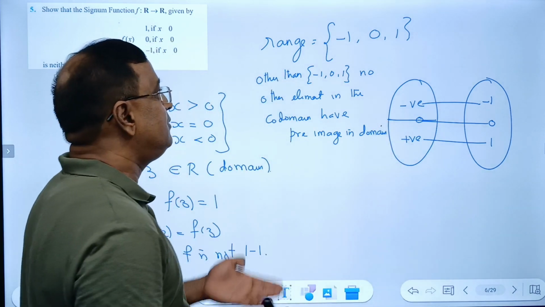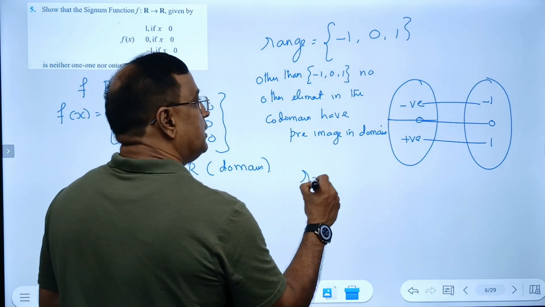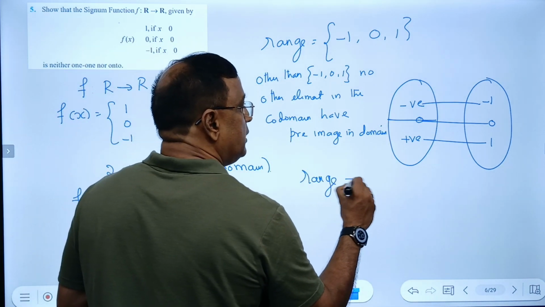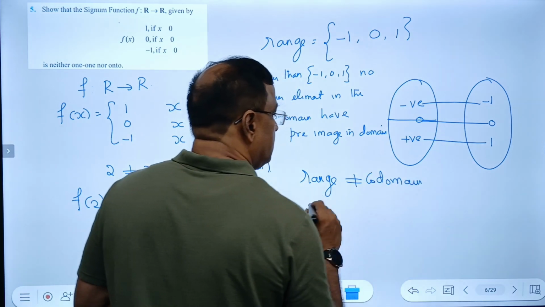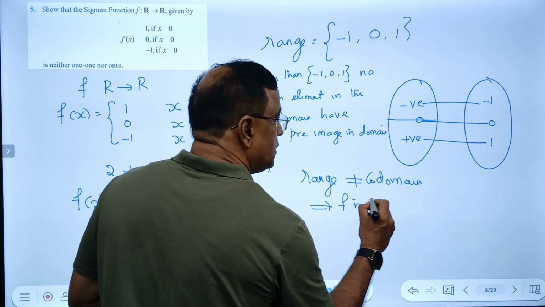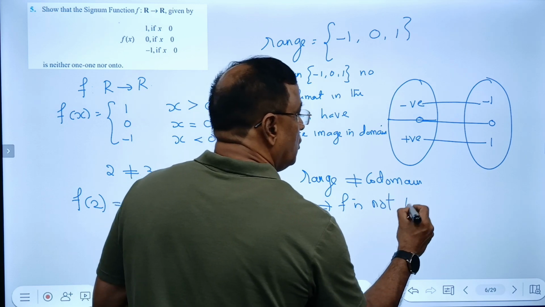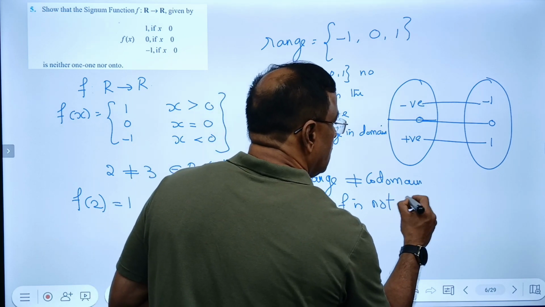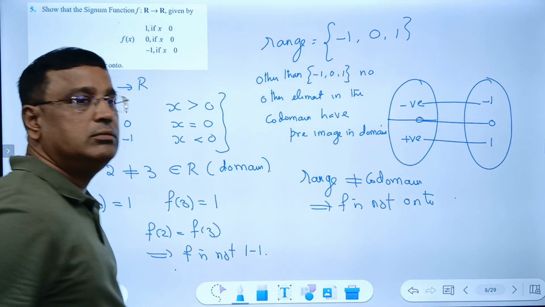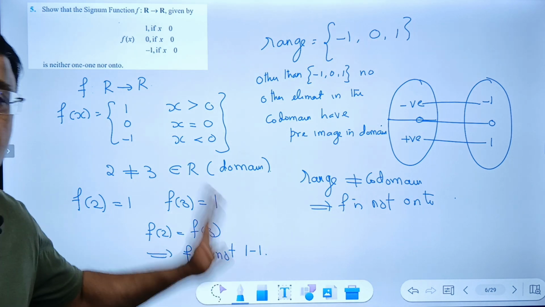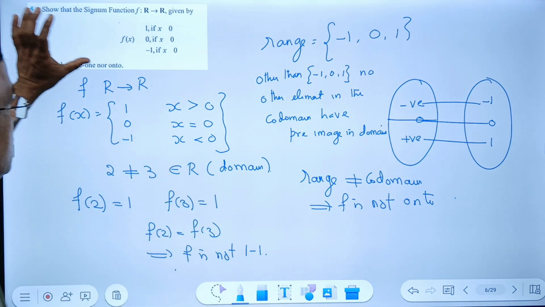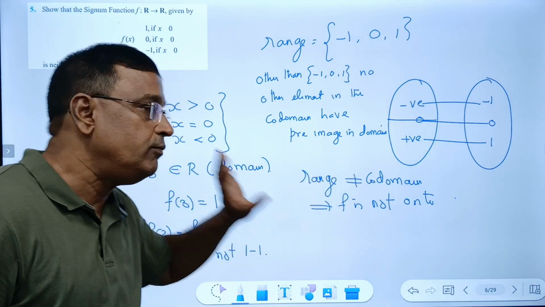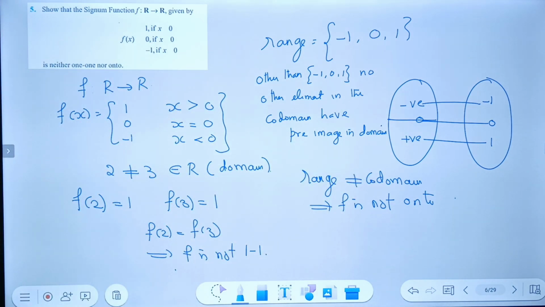If you want, you write this, or otherwise very simple, range is definitely not equal to codomain. This shows that f is not onto. Simple definition. Okay. So the signum function is very, very powerful, very, very important also.